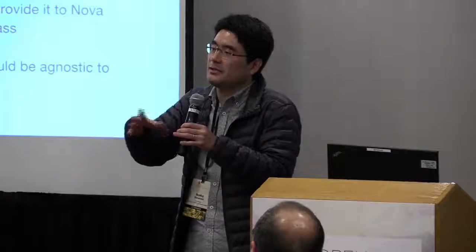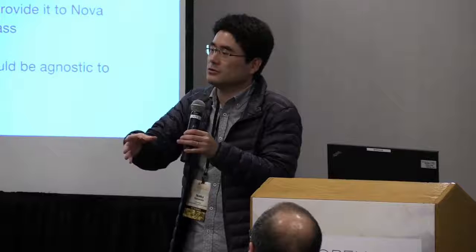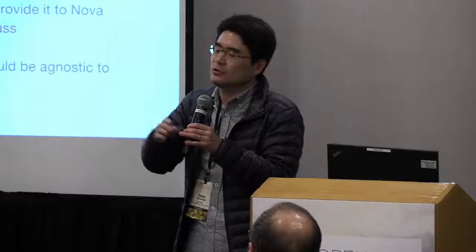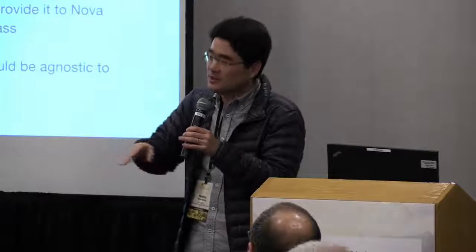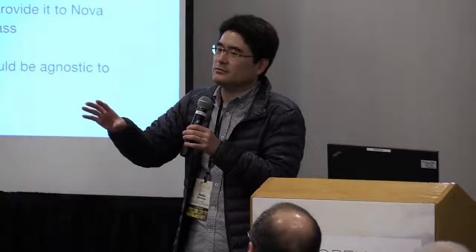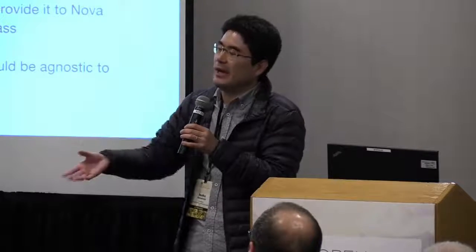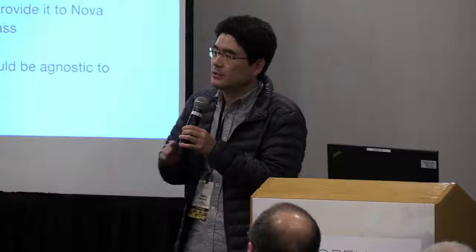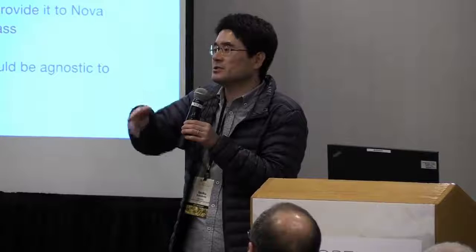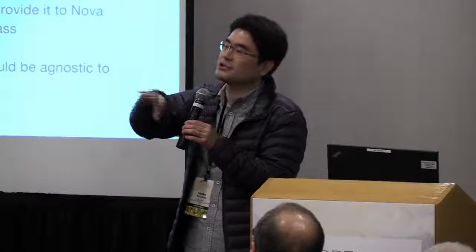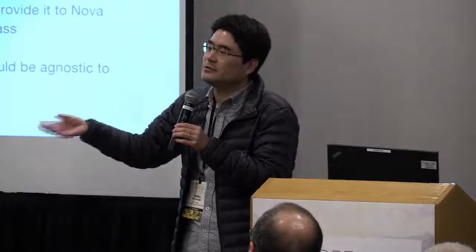Nova just maintains the compute node and should not know about networking elements. OVS should be maintained by Neutron, dedicated. When Nova needs information, Nova asks Neutron what capability is available.